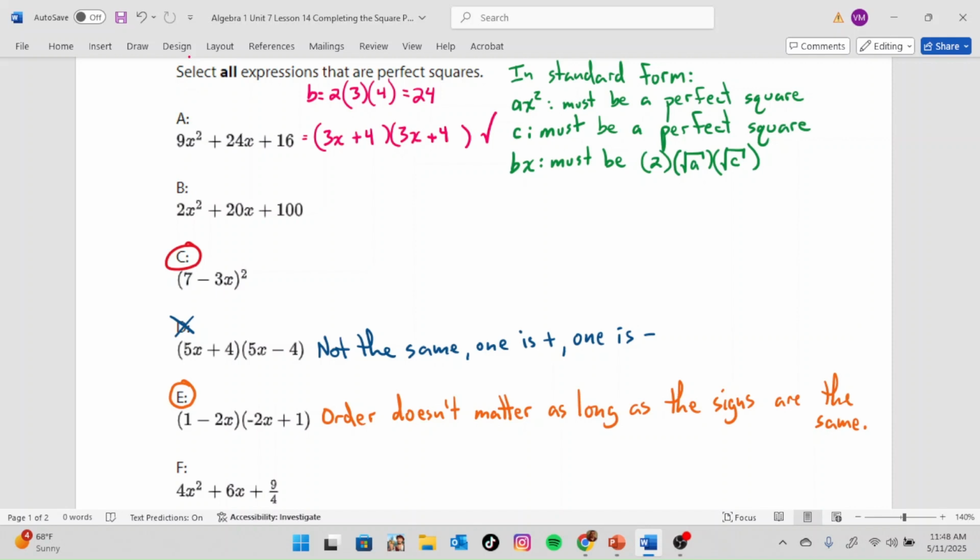Then 4 times 4 is 16. So because we can change it from standard form to factored form, and that factored form is one factor multiplied by itself, A is a perfect square.